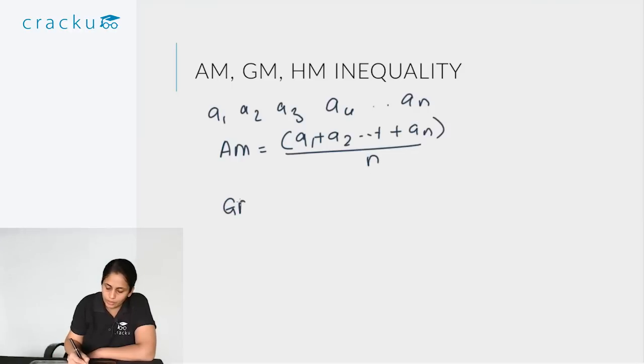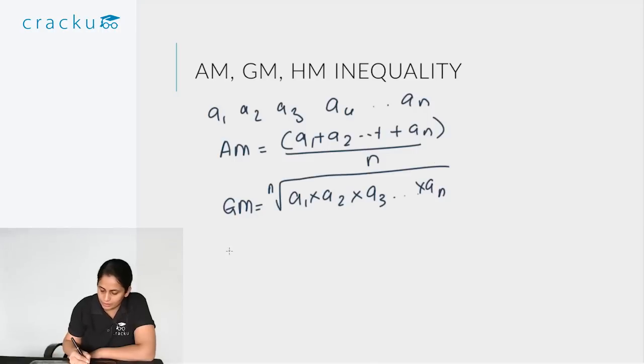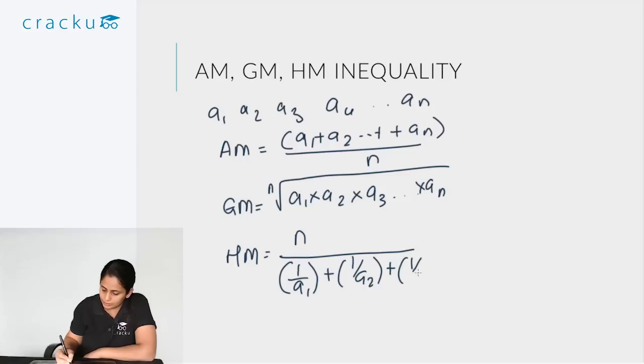The geometric mean of these terms is basically the nth root of the product of these terms, A1 into A2 into A3 up to AN, and the harmonic mean of these terms is basically n divided by 1 upon A1 plus 1 by A2 plus 1 by A3 and so on till 1 by AN.